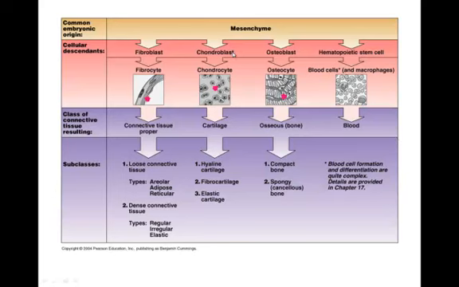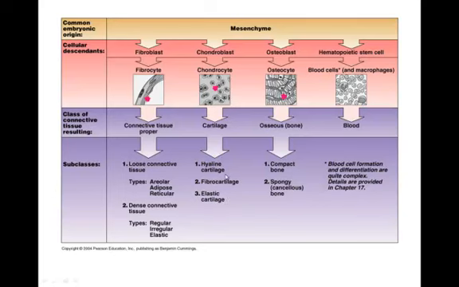In the cartilage category, we have chondroblasts. These chondroblasts make the cartilage. When they make the cartilage, they become trapped in little caves called lacunae, and as soon as they become trapped, they differentiate into these cells called chondrocytes. These are the three different types of cartilages: hyaline cartilage, fibrocartilage, and elastic cartilage.